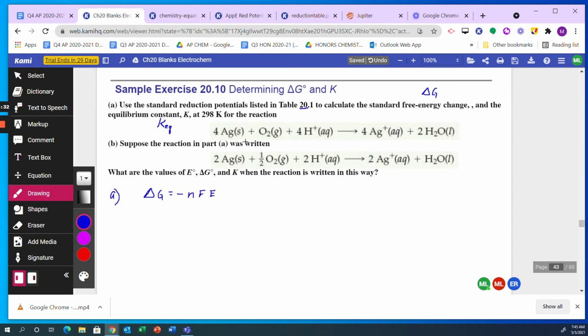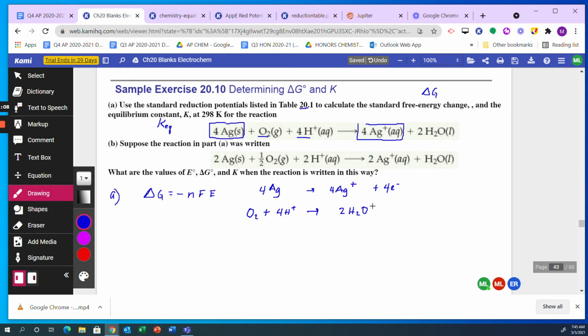To figure out N, I have to do the half reactions here. So I have 4Ag to 4Ag plus, okay, I'm going to put the electrons on the more positive side, so I'm going to need 4 electrons to make this balance. Then I'm going to do the O2 and the H plus becoming 2H2O.